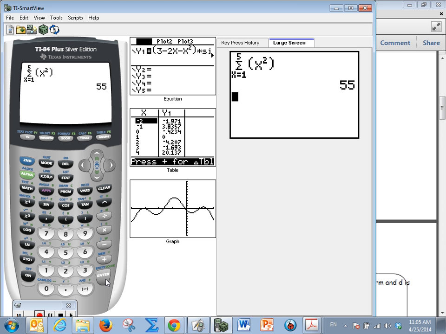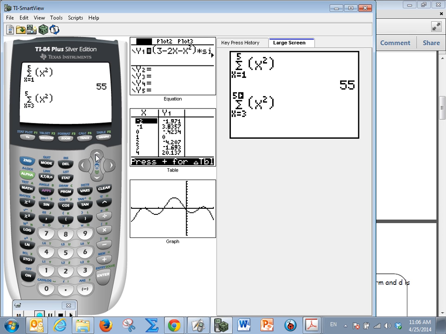Now, we got 55 when we did that. And that's what the calculator gets. Okay? Let's try the next one. So I'm just going to go up there and reuse that. Just type over it. So we start at 3 and go to 5.